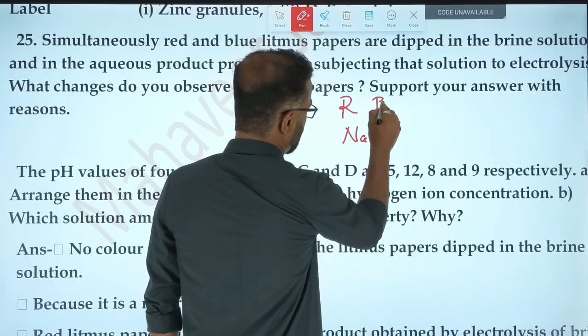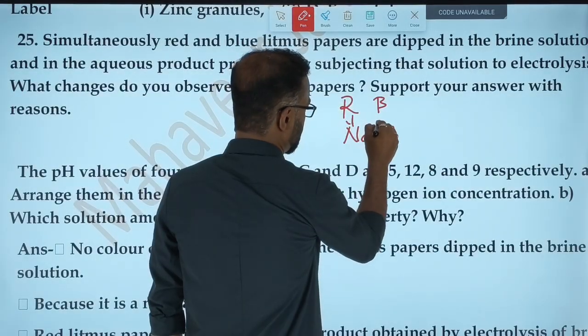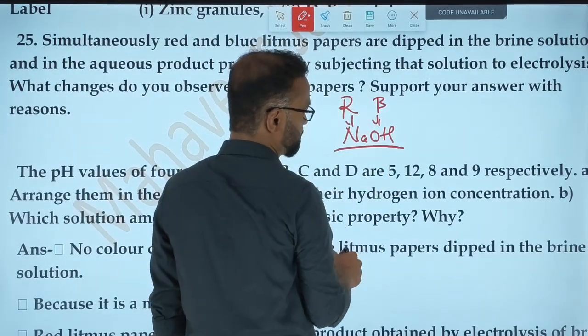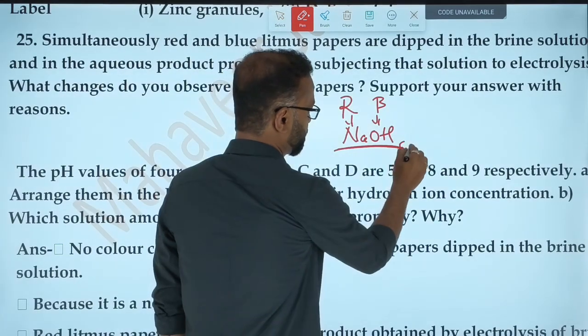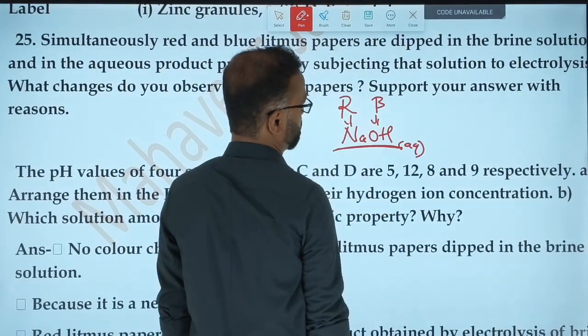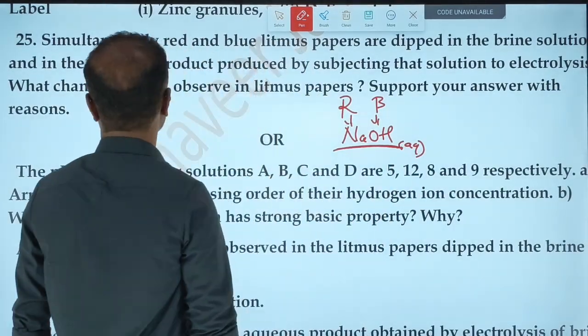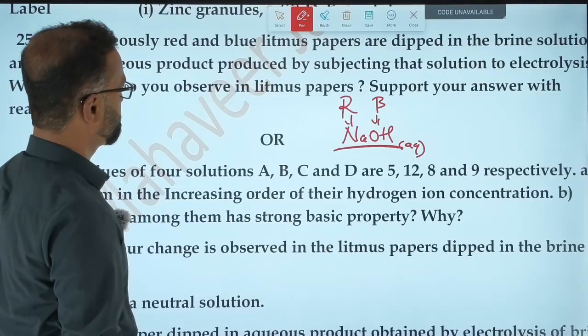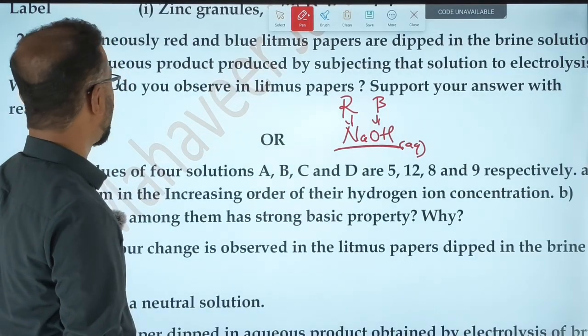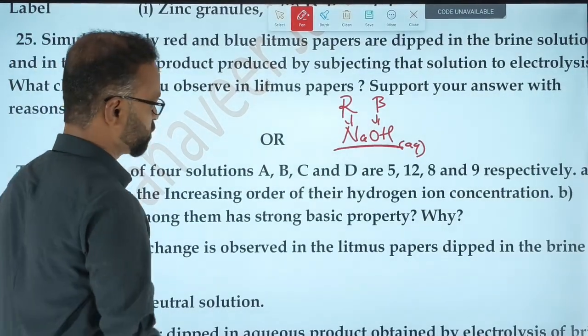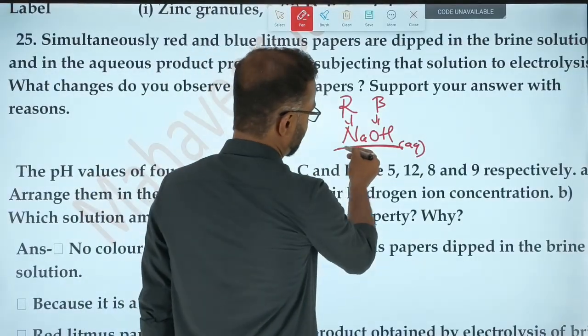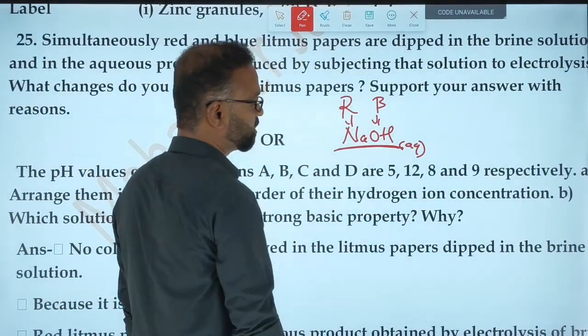Red and blue litmus are being dipped into this brine solution. We call it brine solution. Understand that. And in the aqueous product produced by subjecting that solution to electrolysis.